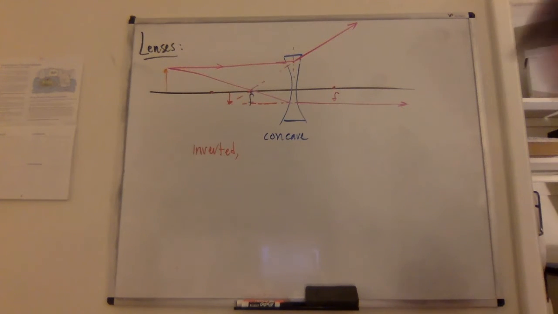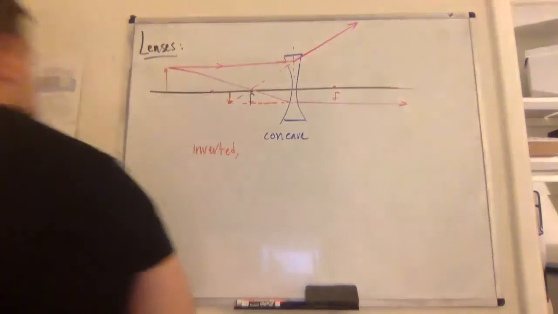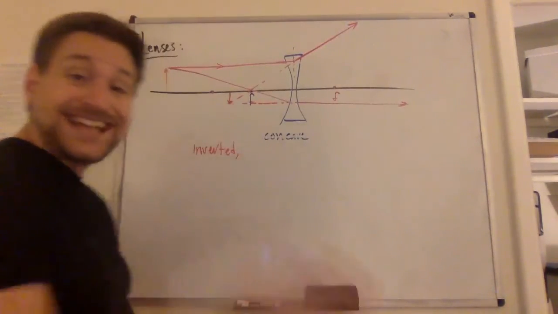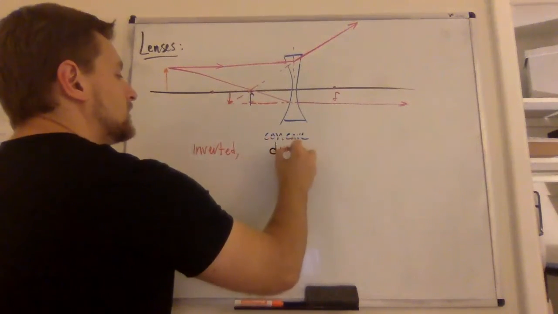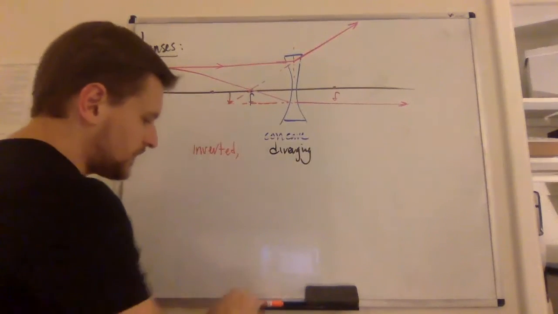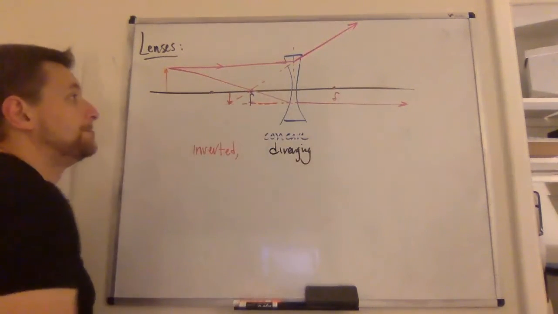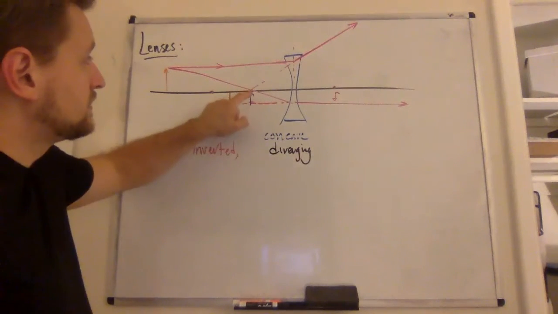Wait a minute. This ain't right. Concave? Yes. Diverging. This is a diverging lens. We expect a ray coming in to bend away. It's not this.